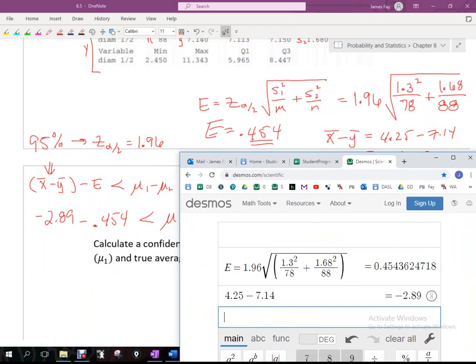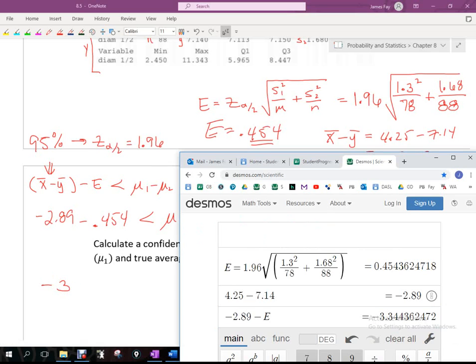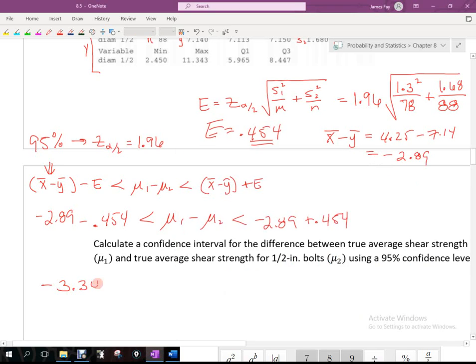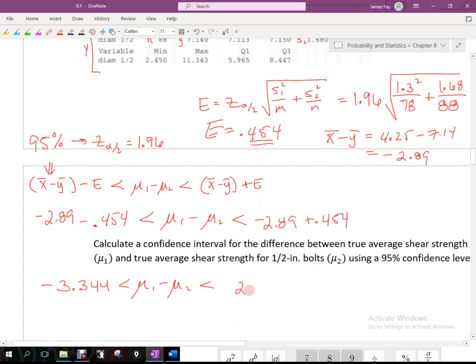So negative 2.89 minus E, this number here becomes negative 3.344, is less than mu sub 1 minus mu sub 2, less than, add this, so negative 2.436. Okay, that's my confidence interval.